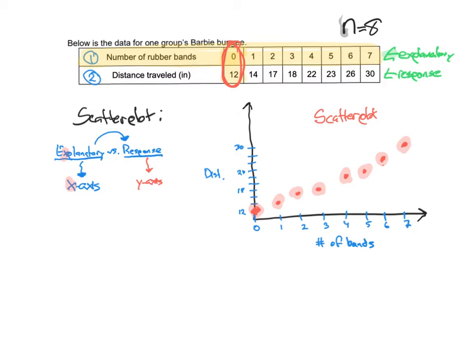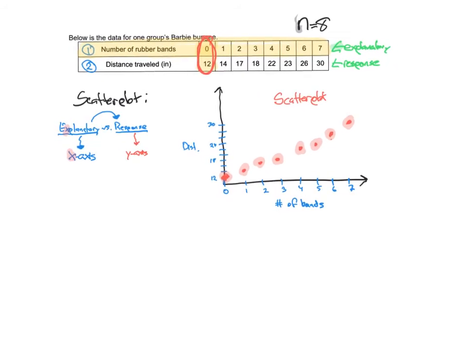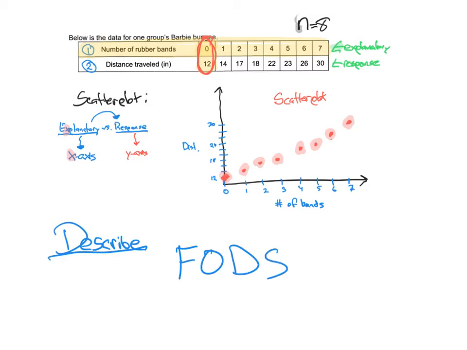Here's what we've got to do after we do that. Just like in chapter 1, after we drew our histogram, we needed to do the SOCs. Now we want to do the same thing here, only we don't call it SOCs. When we describe, we want to do FODS. Maybe there's a better acronym than FODS, maybe DOFS or SOVD.